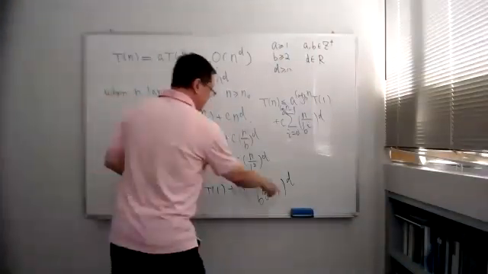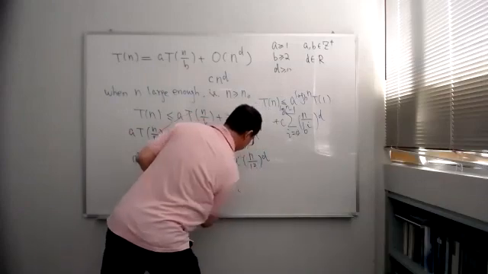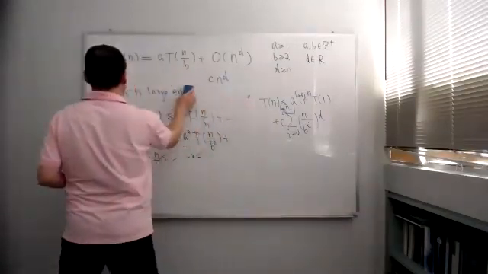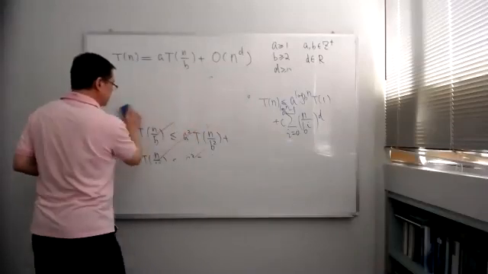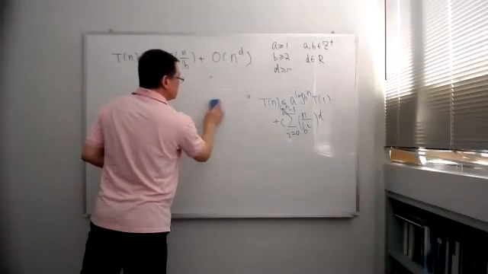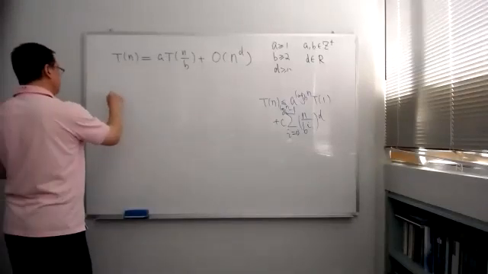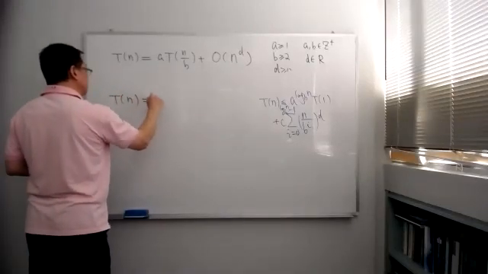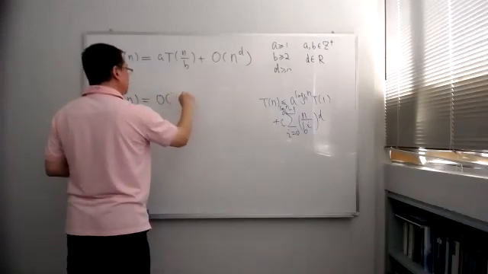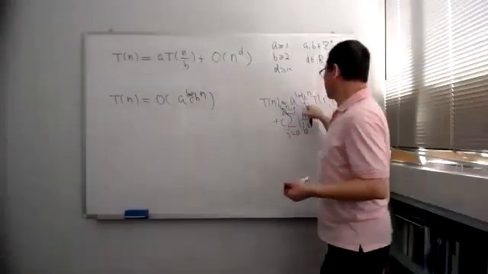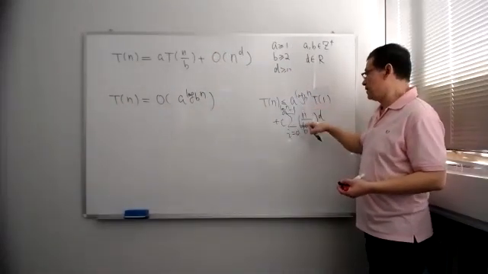Okay, so we can explore this part now. So what we have is Tn is O of a^(log_b n). So I see the homogeneous part here already. Okay, homogeneous part. What's this part?